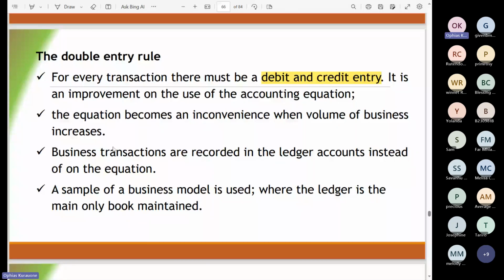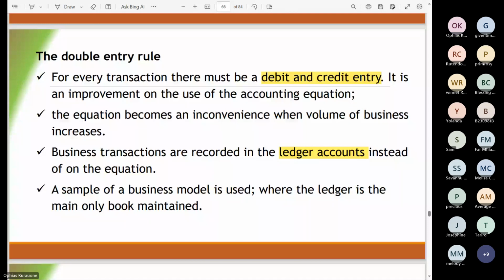Business transactions are recorded in the ledger account instead of the equation. Because we've got many transactions, they need to be recorded on the ledger account. A simple business model exists when the ledger is the only main book maintained.